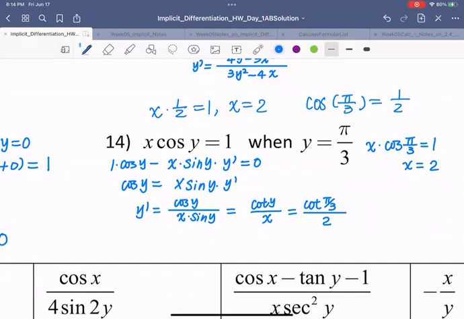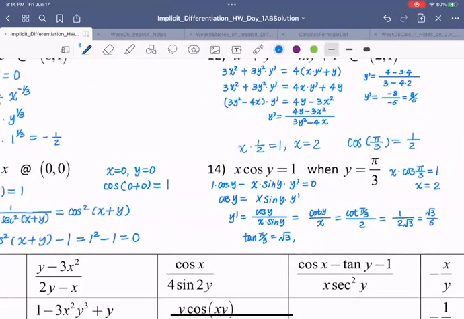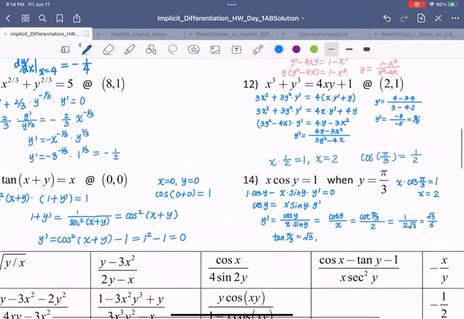Tangent pi over 3 is square root 3. So it's 1 over square root 3, and so this is 1 over 2 times square root 3. So far, so good? Look, this is just the AB part. Second semester is really crazy.